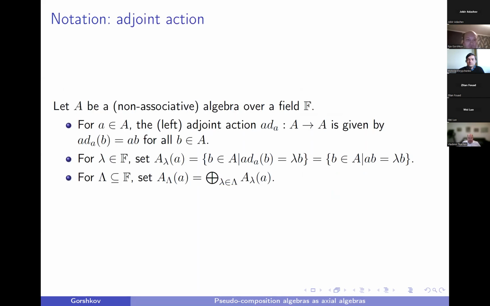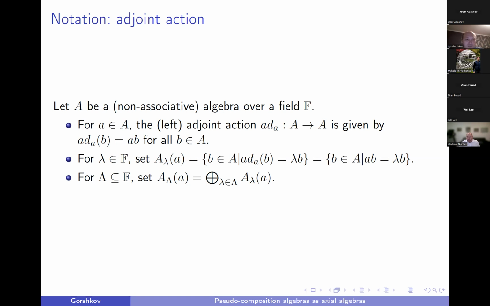Any more definitions? Let us have a commutative but not necessarily associative algebra A, and we can define an adjoint operator. It's multiplication by element a. And because the algebra is commutative, it doesn't matter whether it is left multiplication or right multiplication. And for this adjoint operator for any element a, we can define eigenvalues and eigenspaces.